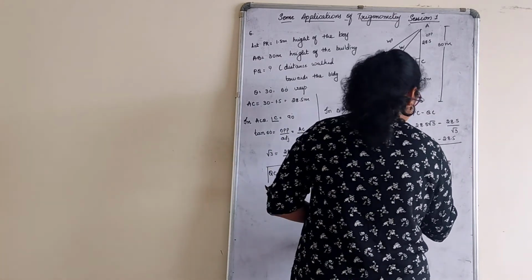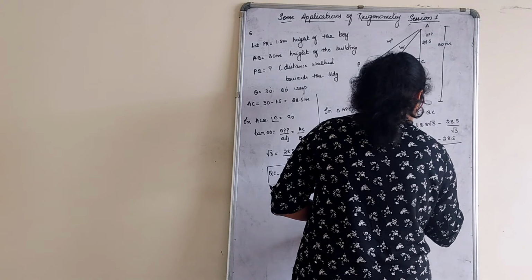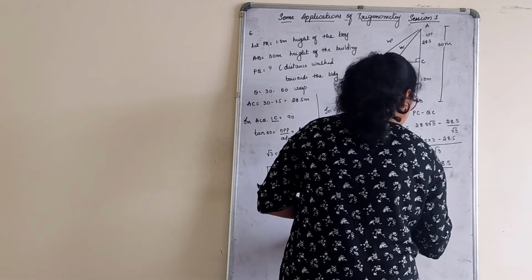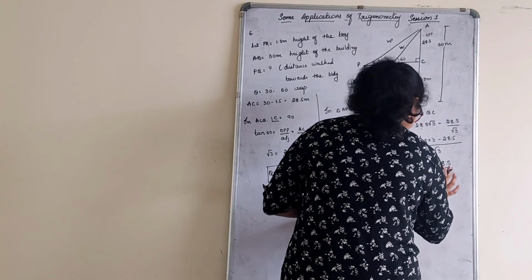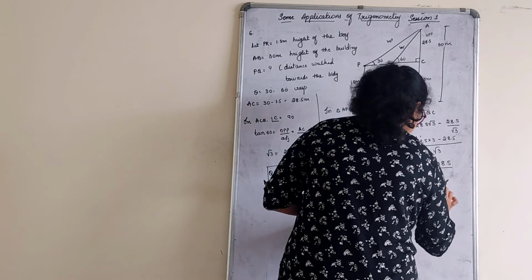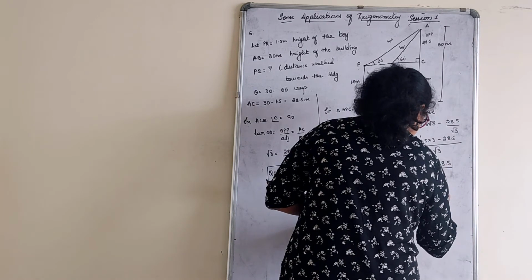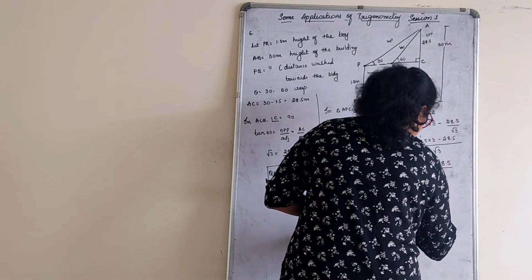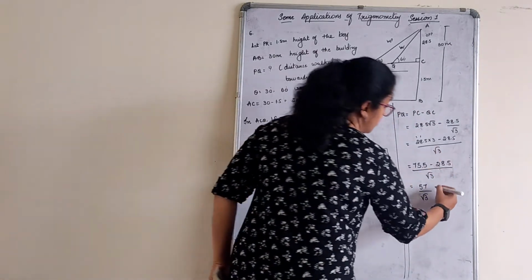So divided by root 3, you will get this here. How much when you cancel this? 57.0 divided by root 3. Rationalize.